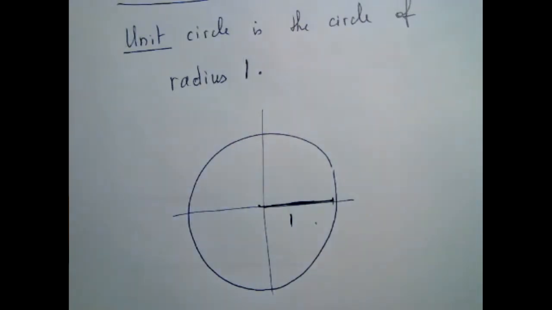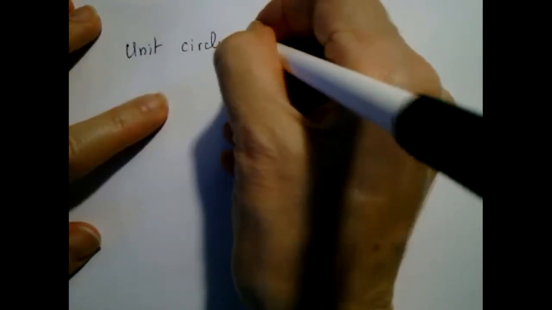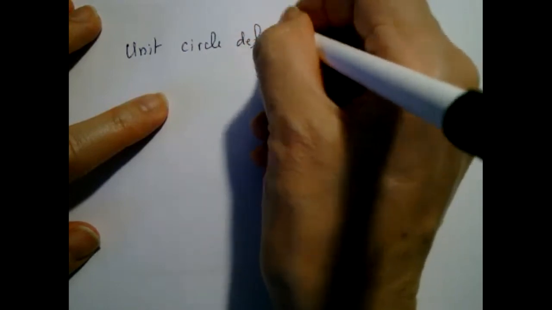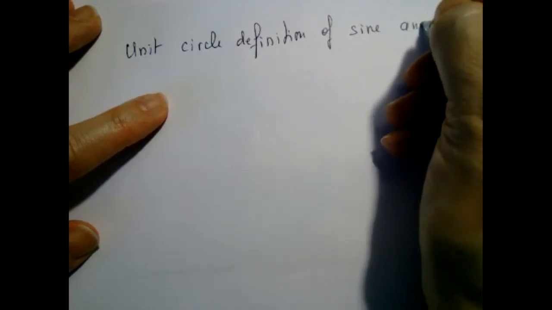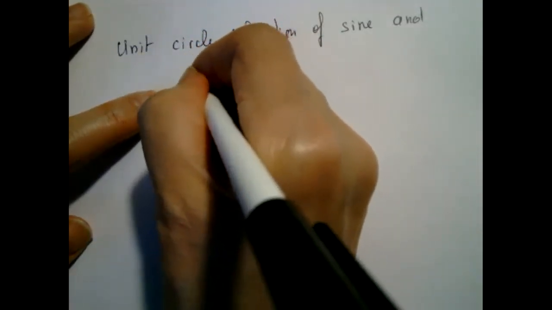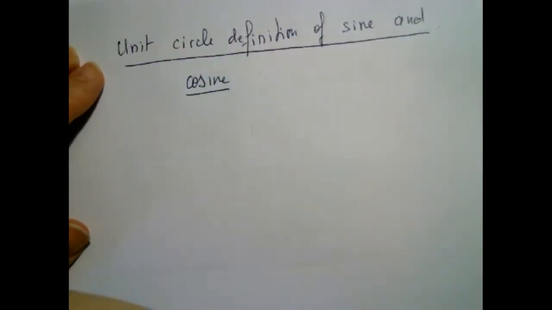All right? Now, definition of sine and cosine. And this will be called the unit circle definition of sine and cosine. So I'm going to start this on a new piece of paper. Unit circle definition of sine and cosine. Okay.